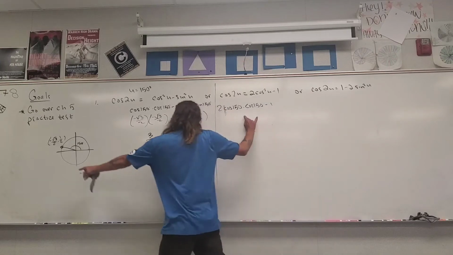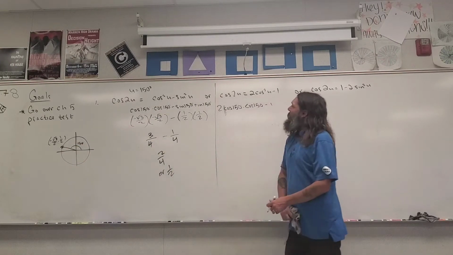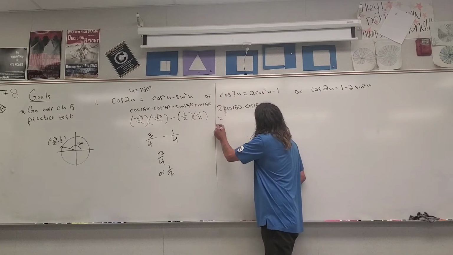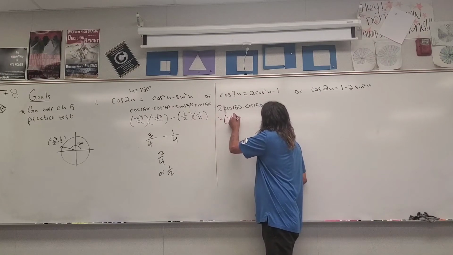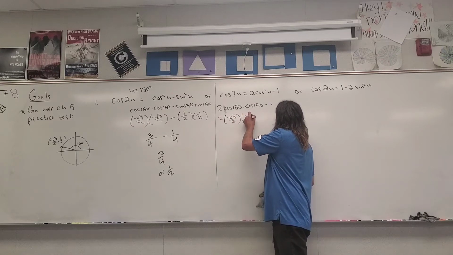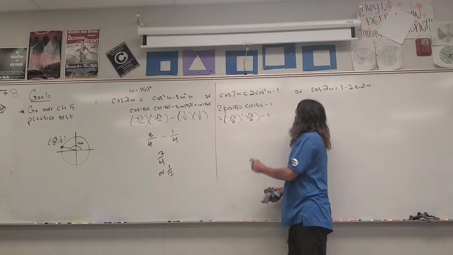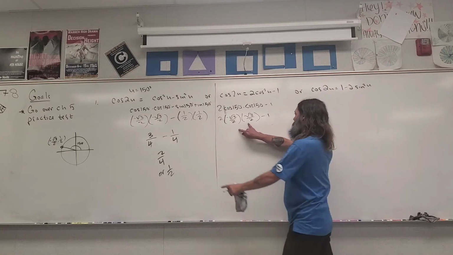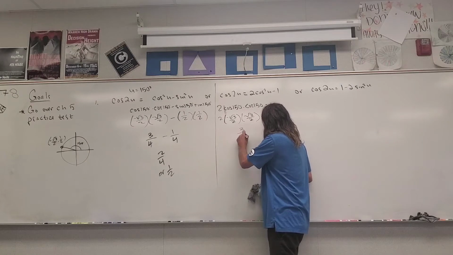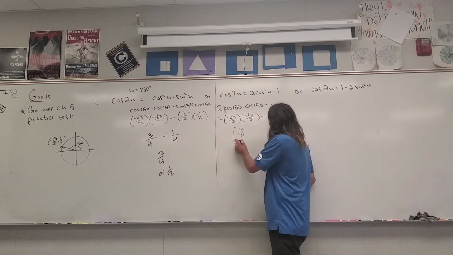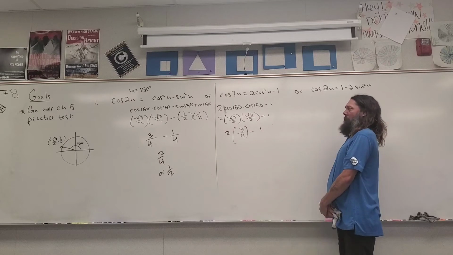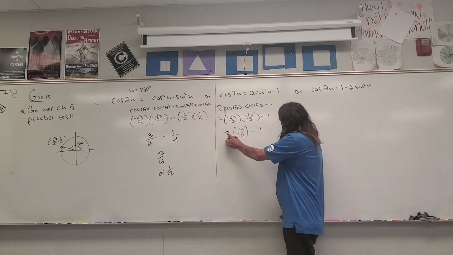Again, the x-coordinate at 150 degrees is minus square root of 3 over 2. So I get 2 times minus square root of 3 over 2 times minus square root of 3 over 2 minus 1. I multiplied this out and it turns into 3 over 4, but I'm multiplying that by 2 and subtracting 1.